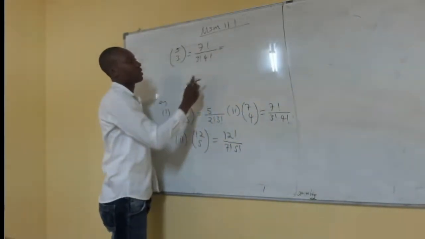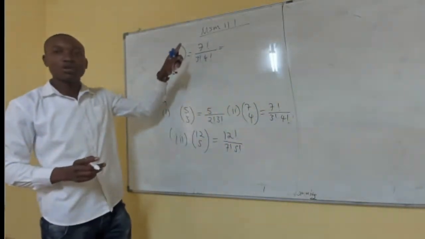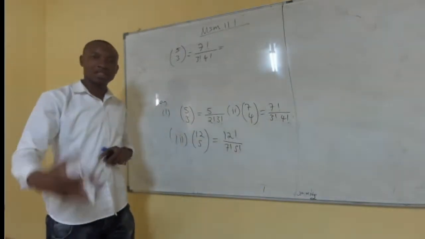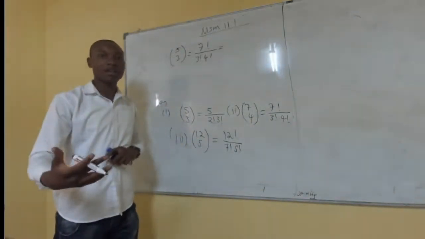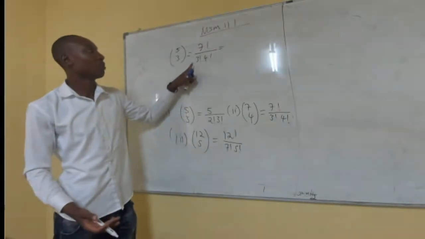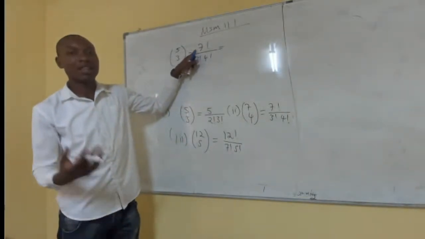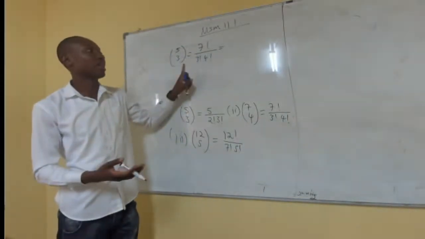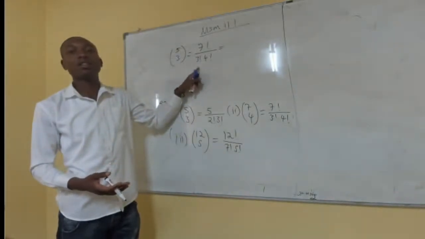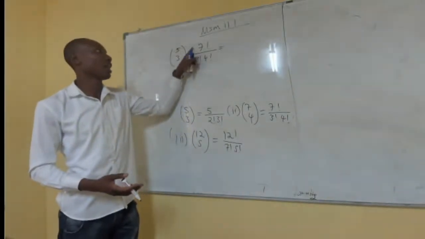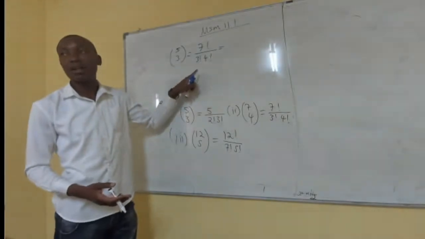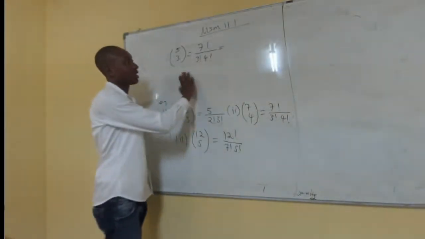Now we know that 7 factorial can be written as 7 times 6 times 5. So what I'm going to do is write this in that form, but I'll end at the largest number in the denominator. What is the largest in the denominator in this case?